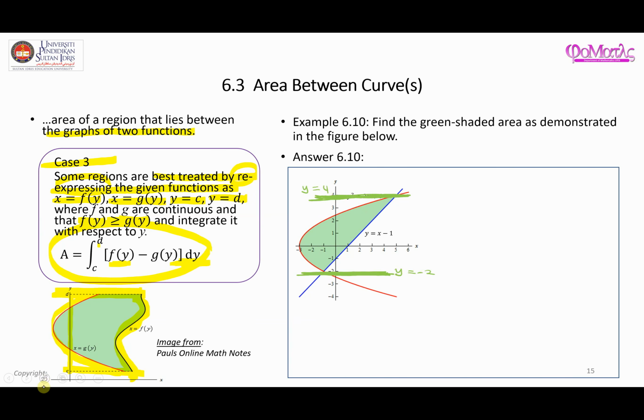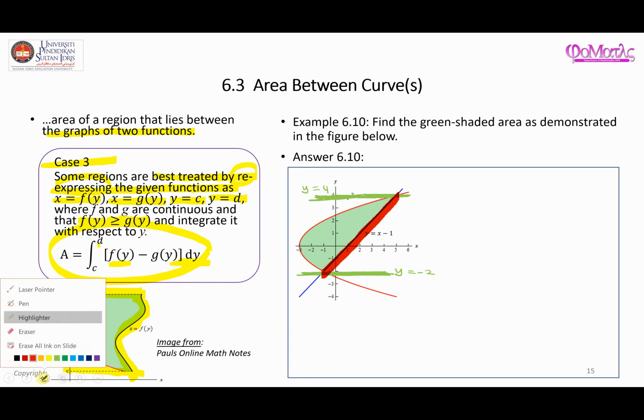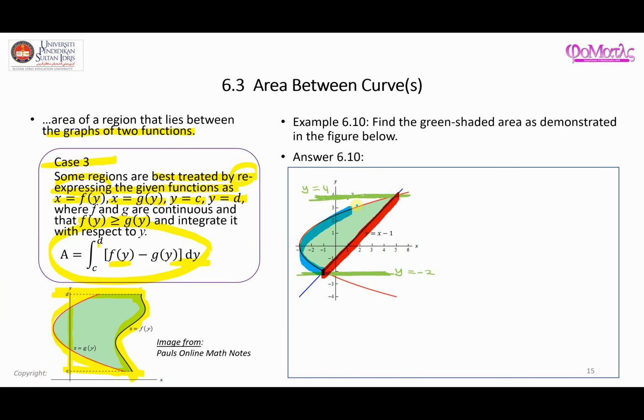Next, I think you can clearly see that this is going to be your f(x), because this curve is bigger than the other curve, and this is going to be your g(x).